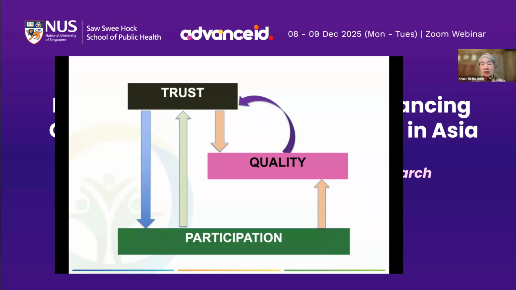And if the research is of good quality, it can inspire them, it can empower them, and they can trust you more, and you can do more with them. So I see the three elements of trust, participation, and quality as reinforcing each other.